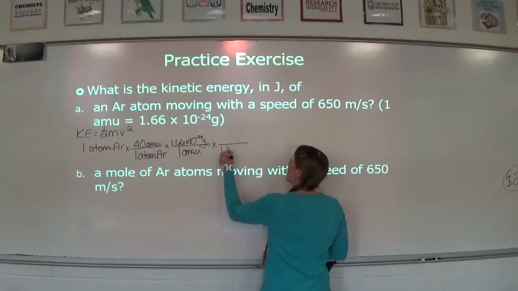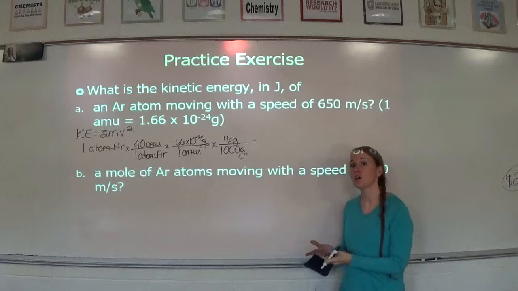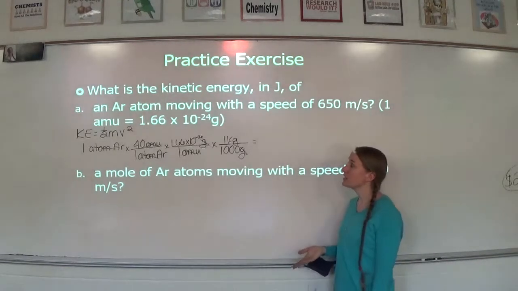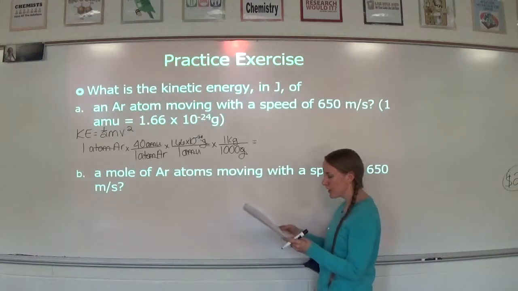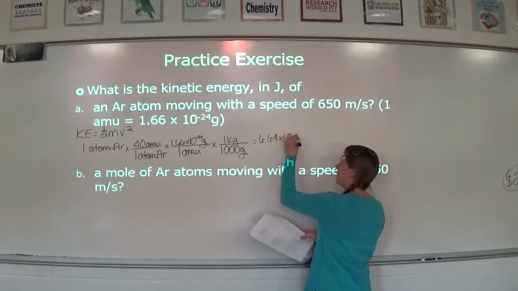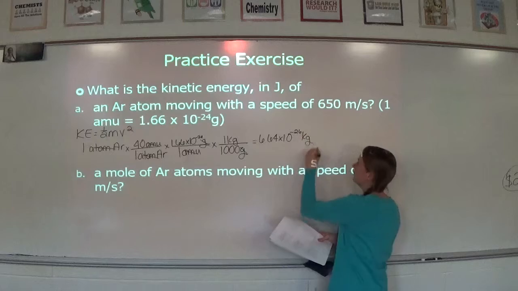So we know 1,000 grams equals 1 kilogram. Or you could use your SI prefixes chart and use 10 to the 3 grams, that's fine also. So once I multiply and divide all of that stuff that I just wrote out, I got 6.64 times 10 to the negative 26 kilograms.